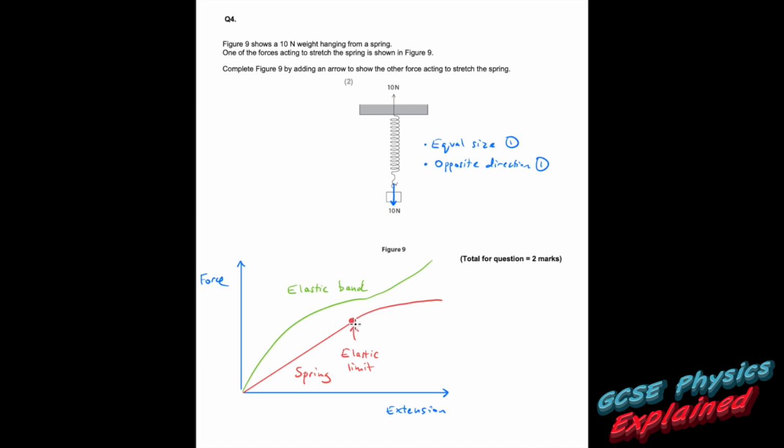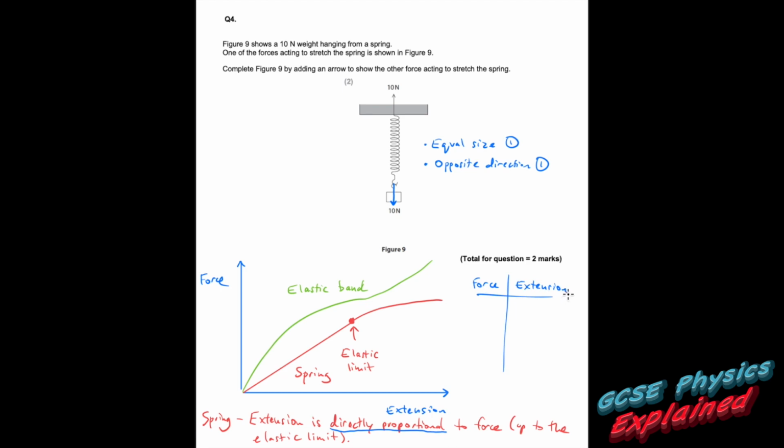And for the spring, this section here, what we see is that extension is directly proportional to the force. Now remember, for anyone that's been following all my past papers here, directly proportional means if one thing doubles, another thing doubles. So what you might see is a force extension table.